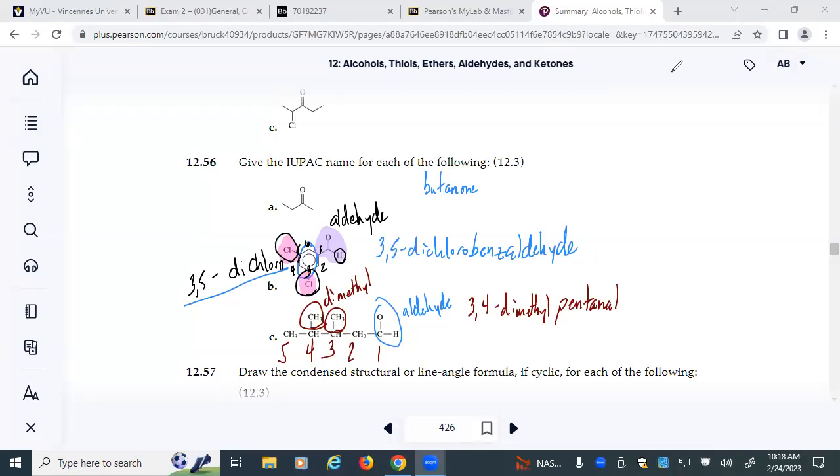We tend not to use common names if there is any kind of branching. Those common names really only apply to the 4 carbon chain or the 3 carbon chain with the aldehyde ending. If we start adding other side groups, it becomes a lot more difficult to name them with a common system name.